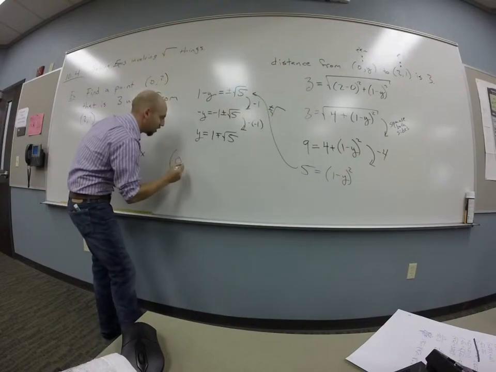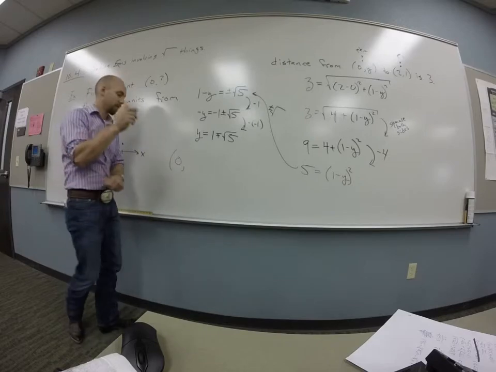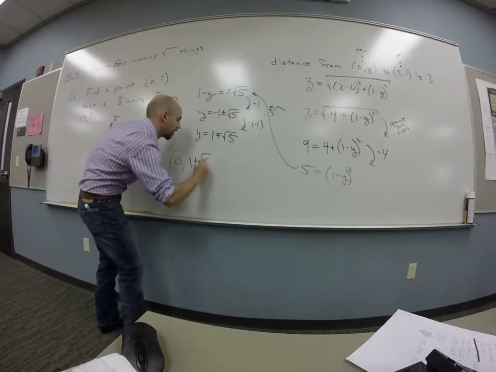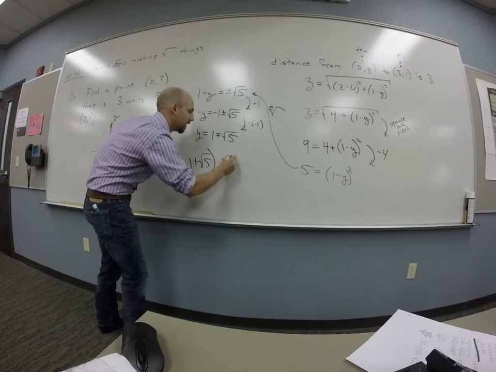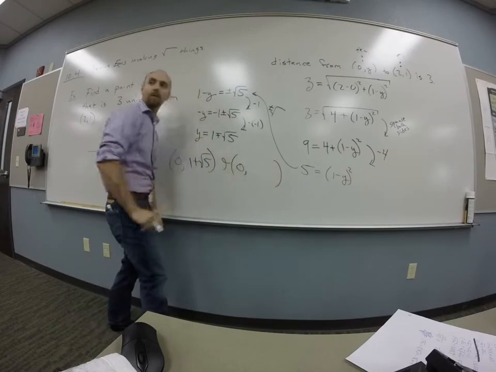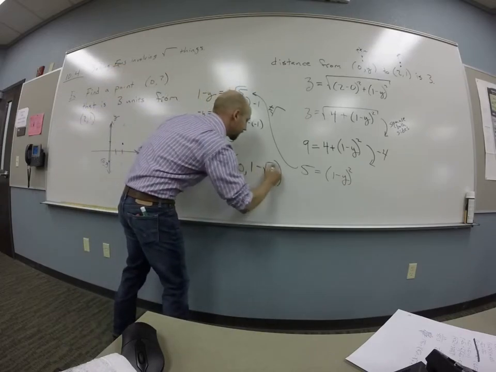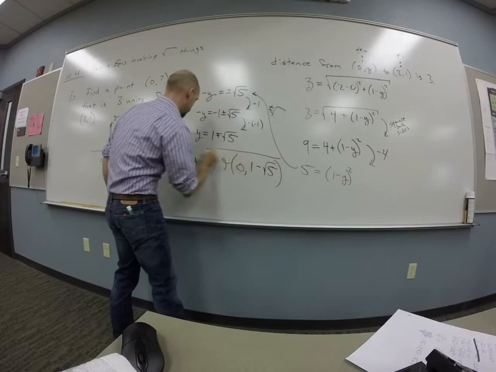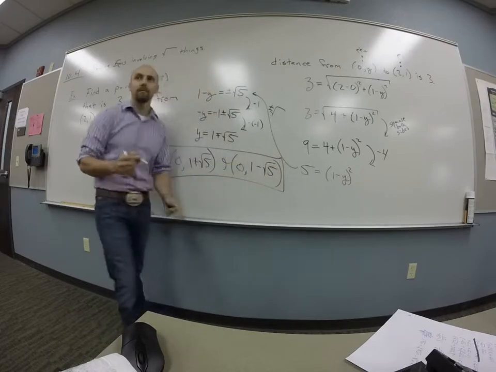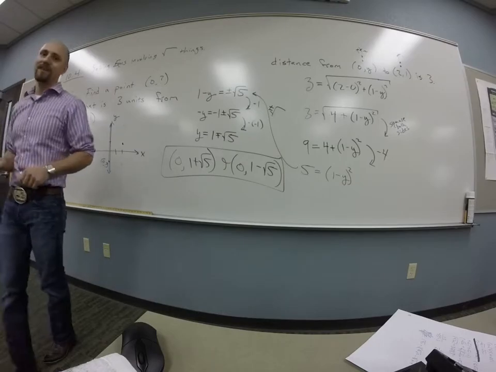They're 0, comma, 1 plus square root of 5, and 0, comma, 1 minus the square root of 5. Are we going to be? Apparently not, because we're out of time.